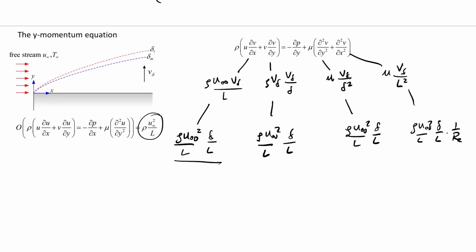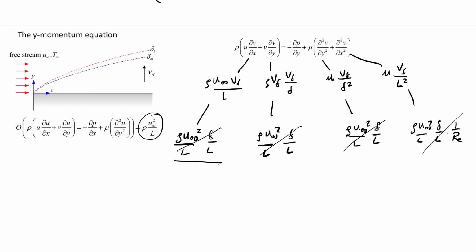So those three end up being insignificant, going to close to 0. If we look at the fifth term, this is smaller by delta over L, but it's also smaller by 1 over Reynolds number. So for sure that's even smaller than the other ones. So at least compared to the x momentum equation, all those four things are much, much smaller and therefore probably insignificant. That's the key takeaway here.